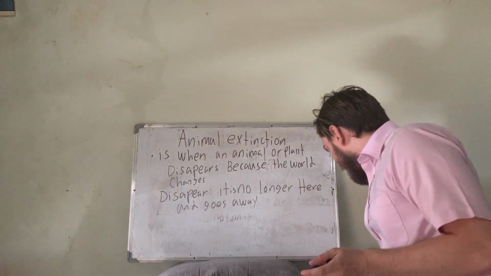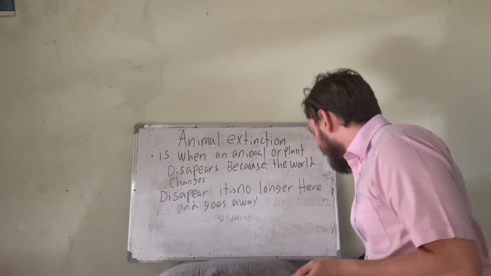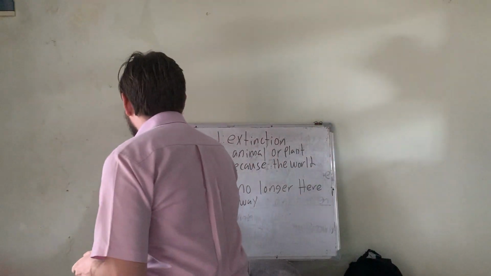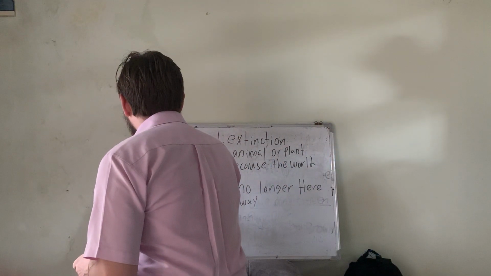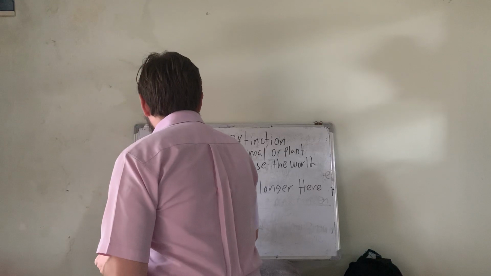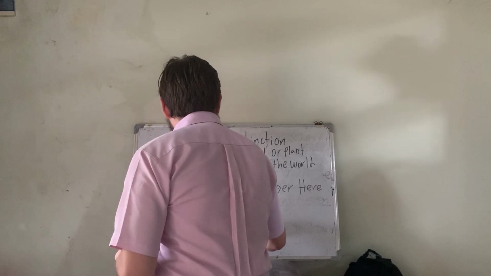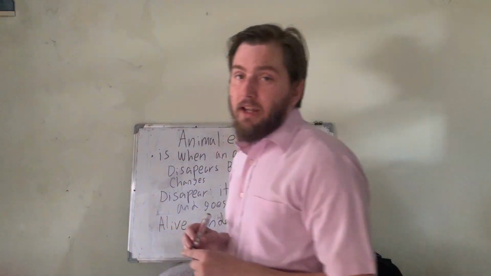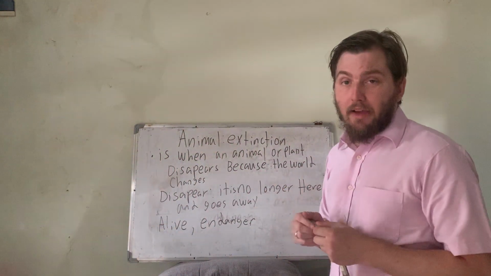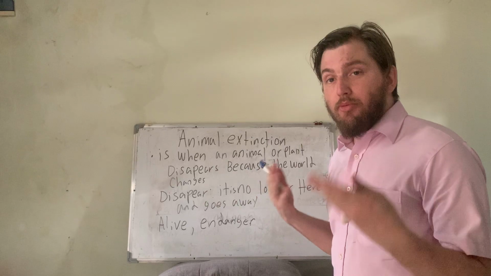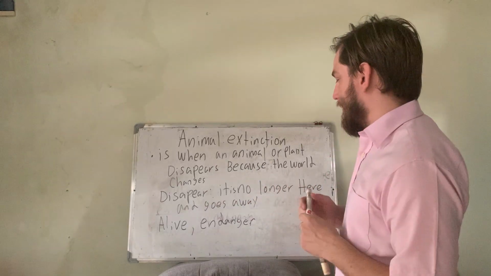The other words that we need to know are alive and in danger. Alive meaning plants and animals are alive. They live and breathe. That's what I mean by that.